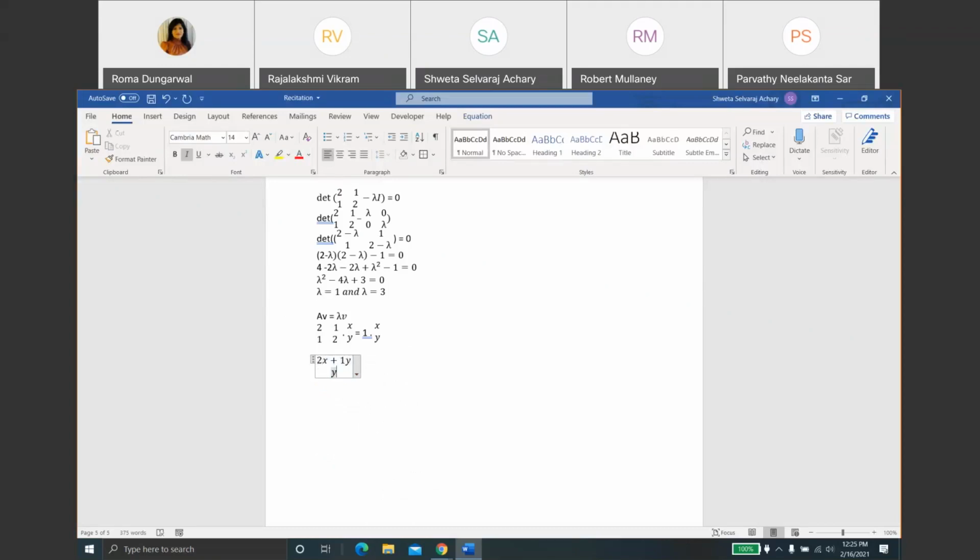Your second element will be 1x plus 2y, which is equal to x, y. Okay, now how do you solve this equation? It is basically 2x plus 1y equal to x, and 1x plus 2y equal to y.